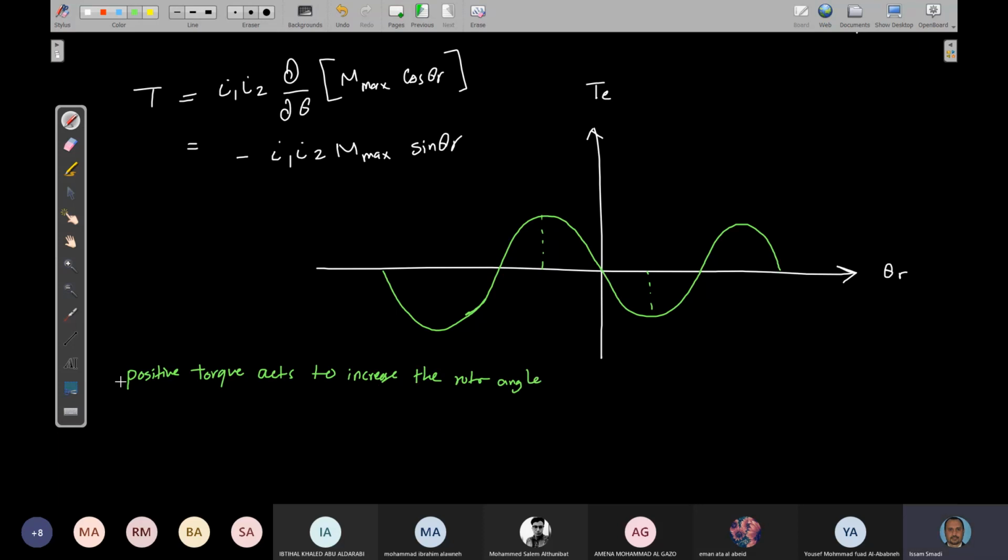In the same sense, the positive force acts to increase the rotor displacement.